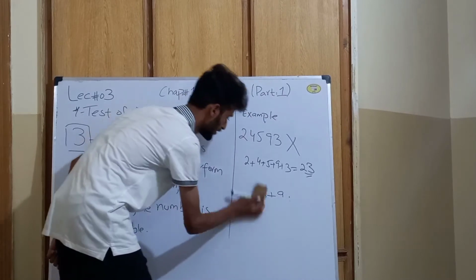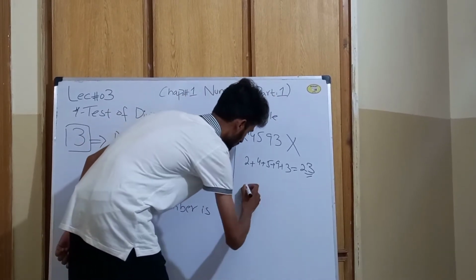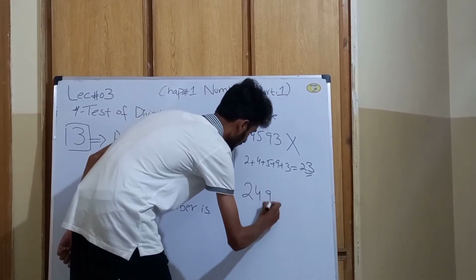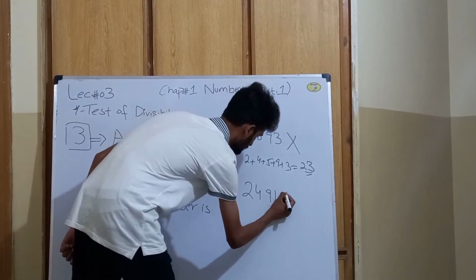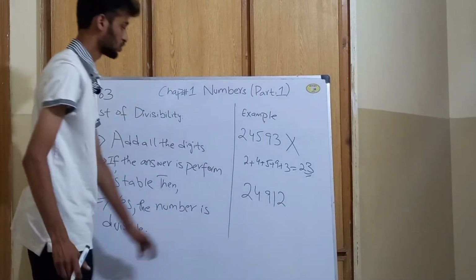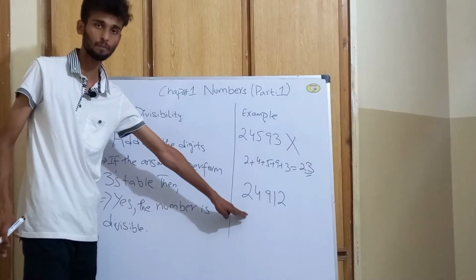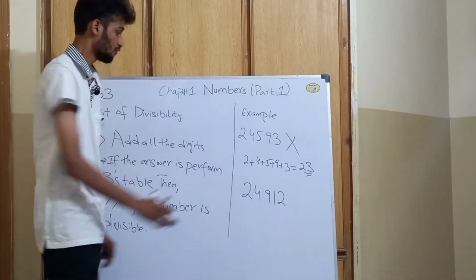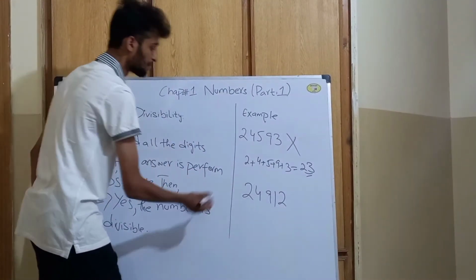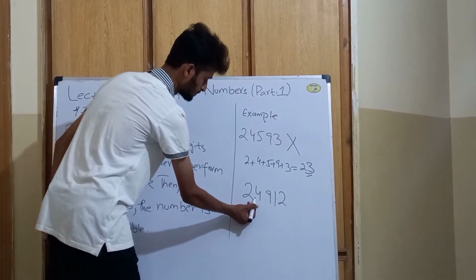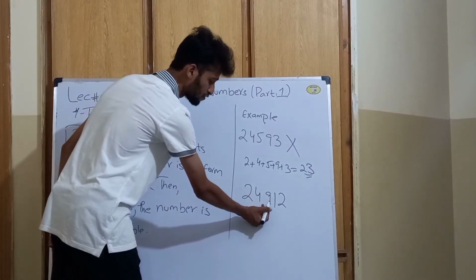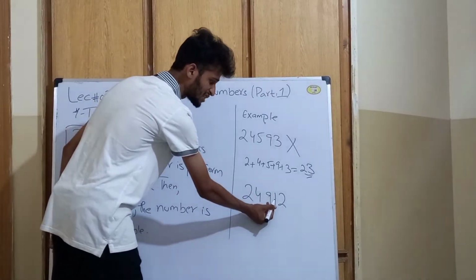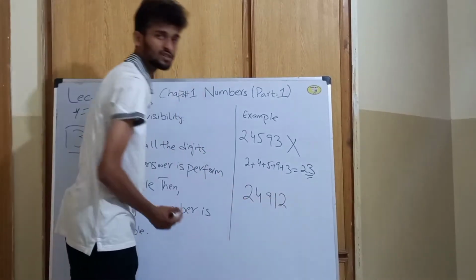We need to check a number. So we need to check whether this number is divisible by 3 or not. First we will add all these digits. 2 plus 4 is 6, 6 plus 9 is 15, 15 plus 1 is 16, and 16 plus 2 is 18.